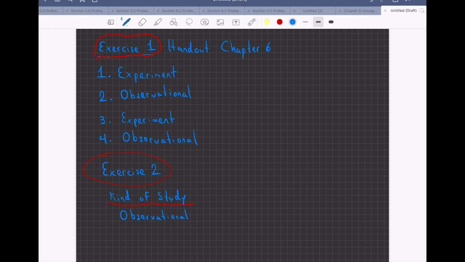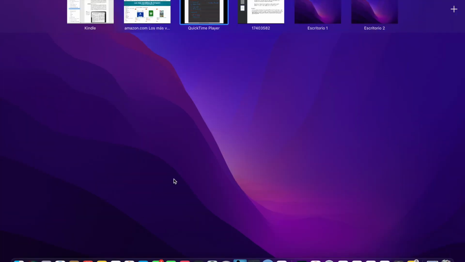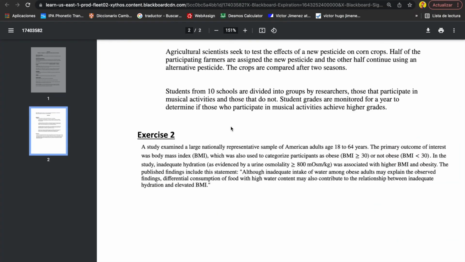Then we have to specify the variables measured. Variables measured. And if you see, they are BMI, the primary outcome of interest was body mass index.